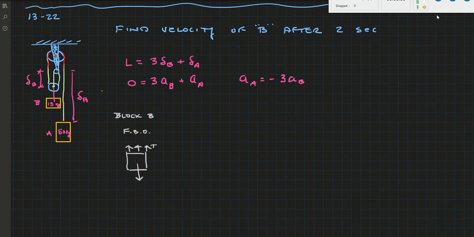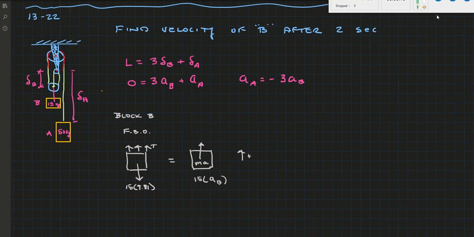These are 3 T's and a weight of 15 times 9.81, and that's going to be equal to, now what I'm going to do here is draw this up, and I'm going to set my positive direction to up, and that's my mass times my acceleration. This is 15 times the acceleration at B.